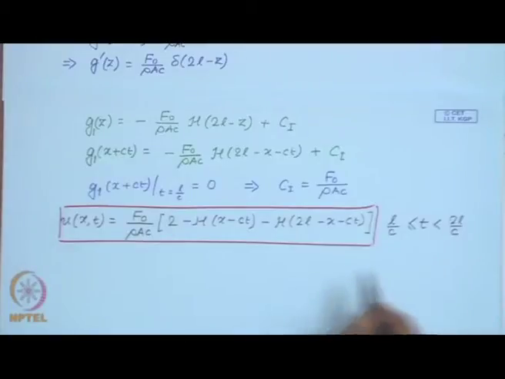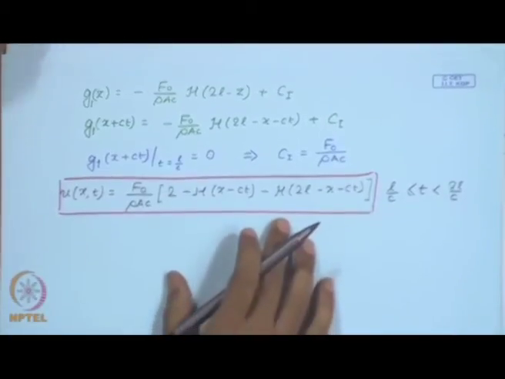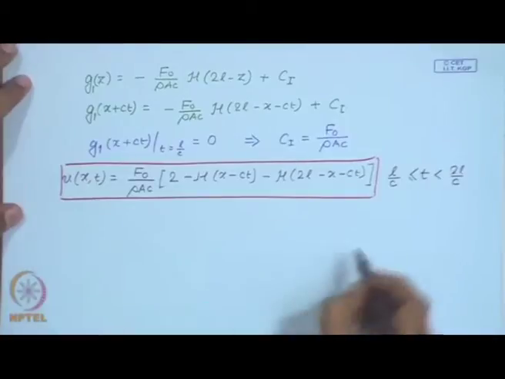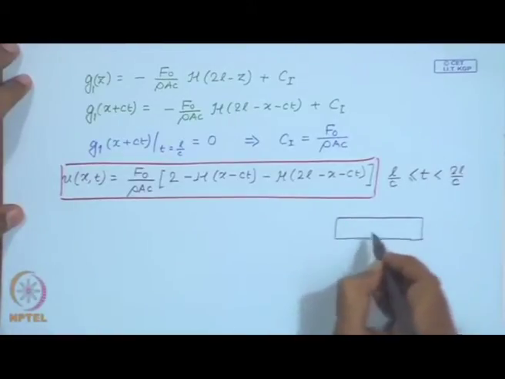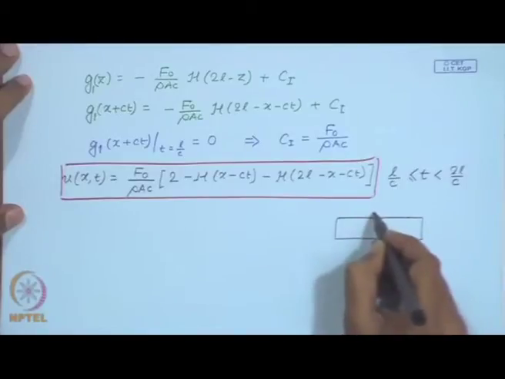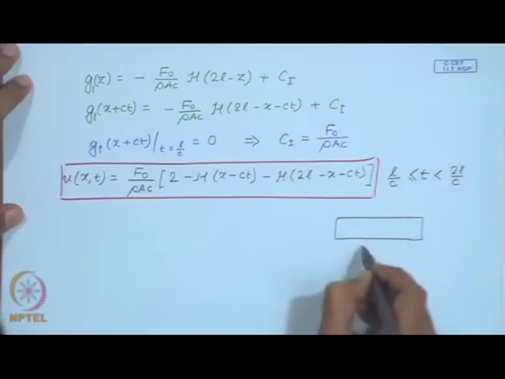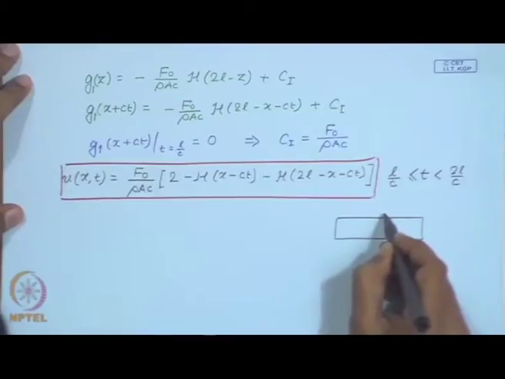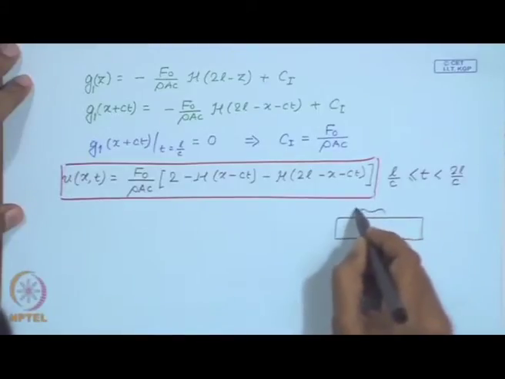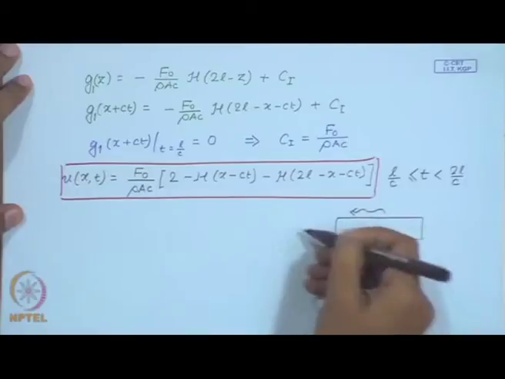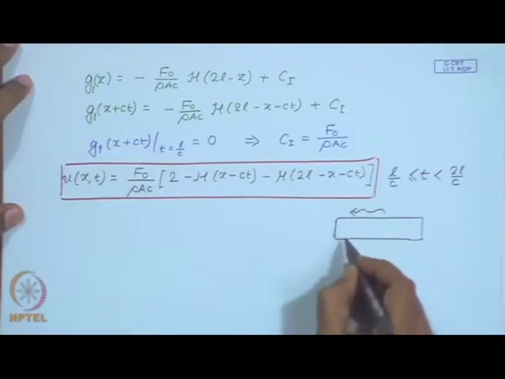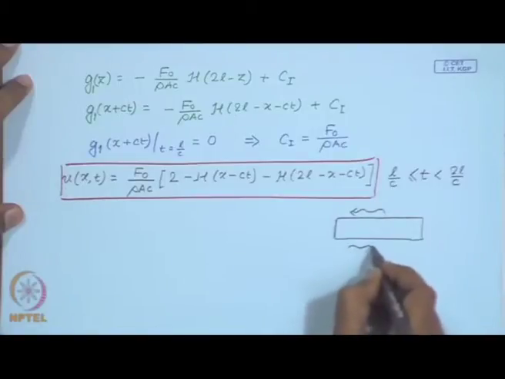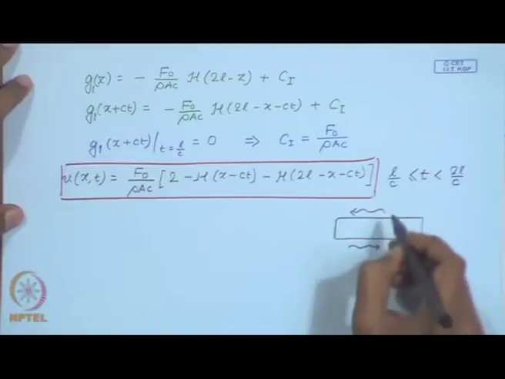Now, once again this wave is going to come back to the left boundary. This wave is a left negative travelling wave, and that is going to come back to this boundary, and this is going to be a reflection.